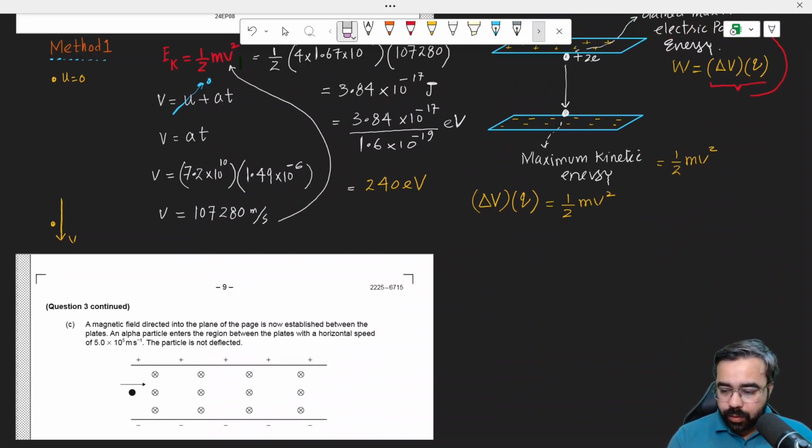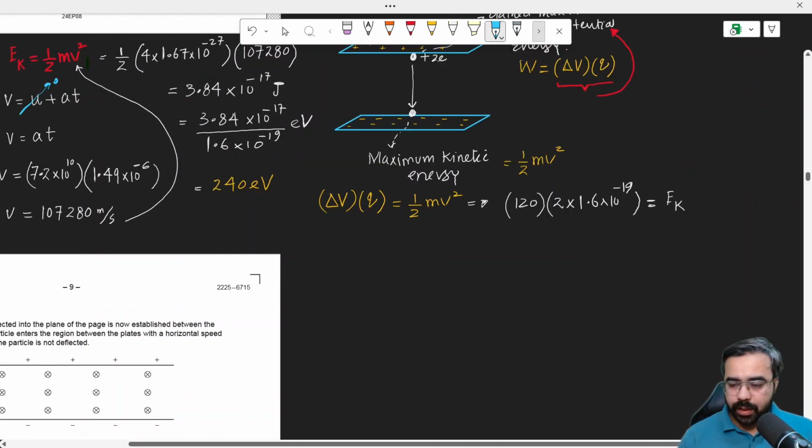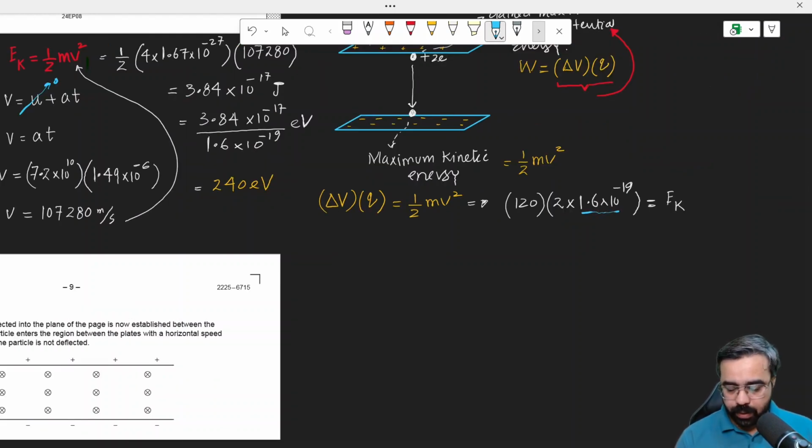If we put in the values of the potential difference, which was 120 volts, and the charge, which is 2 times 1.6 times 10 to the power negative 19, its answer will be in joules. But if you want to convert it into eV, why not divide it?